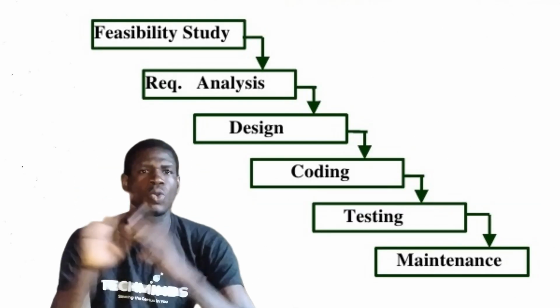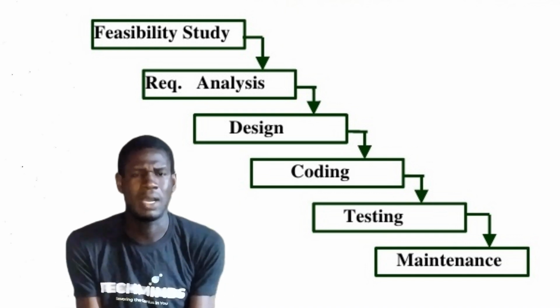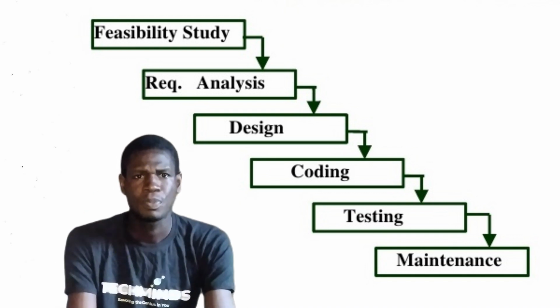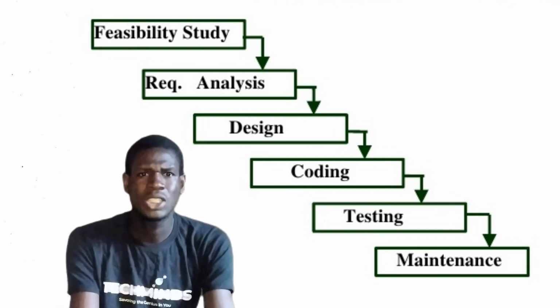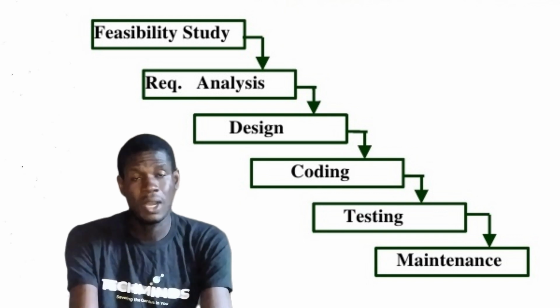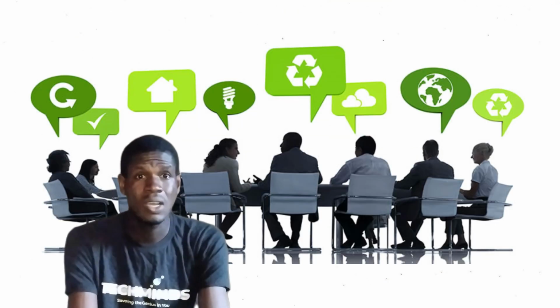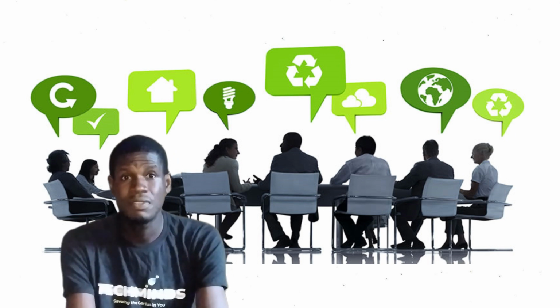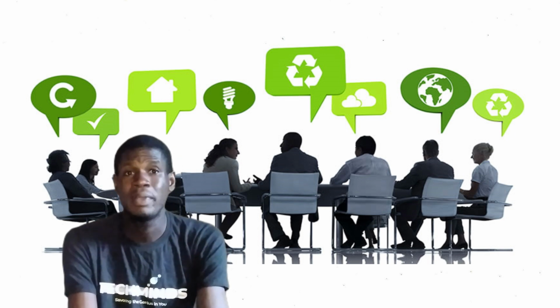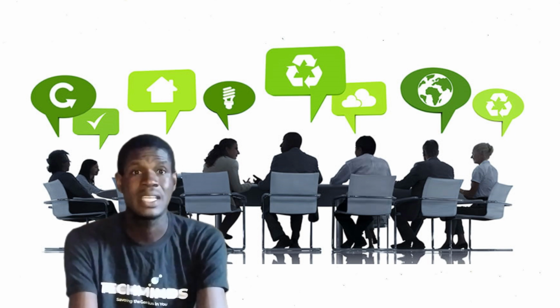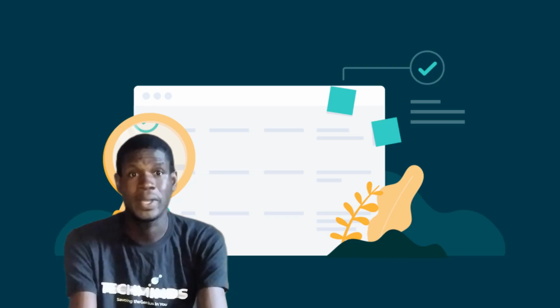So let us first go a lot deeper into how these processes work. So, the feasibility study and planning phase. This is where the basic requirements for the project are taken into documentation.